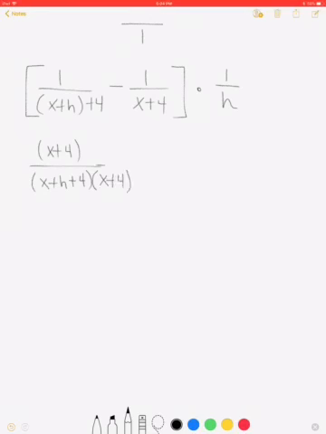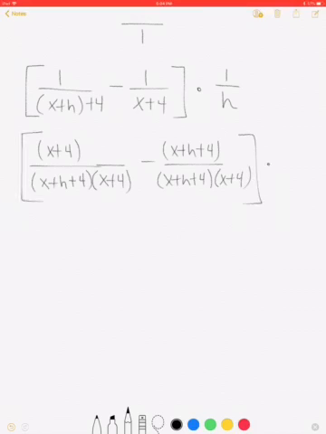So the first term needed an x plus 4. The second term needs an x plus h plus 4. Of course, the denominators come out the same. And all of that is times 1 over h.